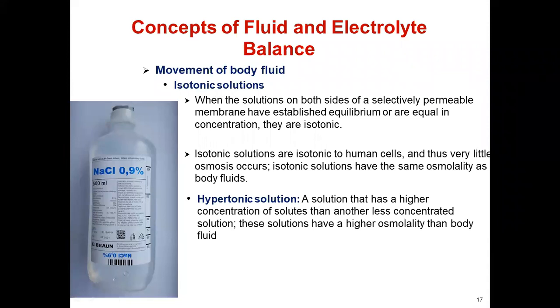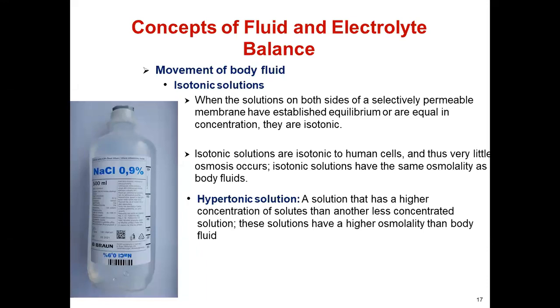So tonicity is a measure of the effective osmotic pressure gradient. This is the osmotic pressure gradient of two solutions separated by a semi-permeable membrane.